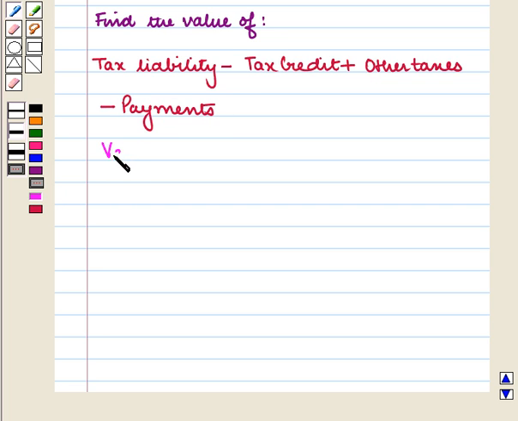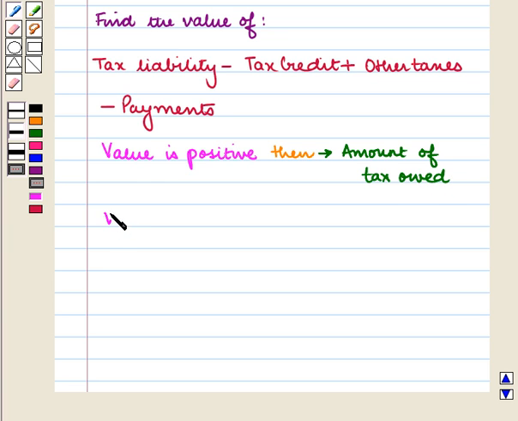If this value is positive, then it is the amount of tax owed.